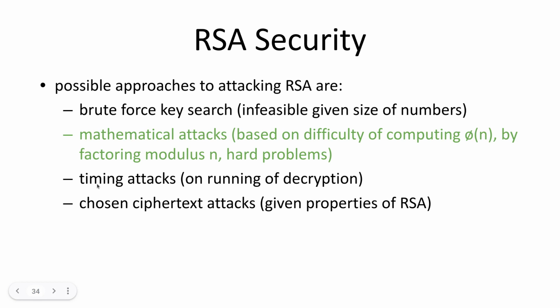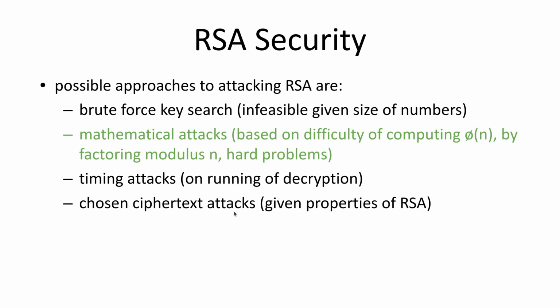Okay. Then we have timing attacks. That means they try to guess the prime numbers by checking how much time it takes for different messages to be decrypted. That is also not so easily done, but with sufficient mathematics, it is theoretically possible. Then chosen ciphertext attacks.